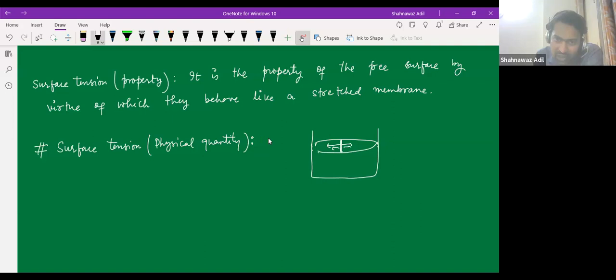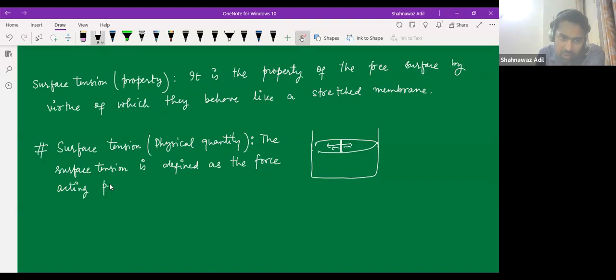So the surface tension is defined as force acting per unit length at the free surface.